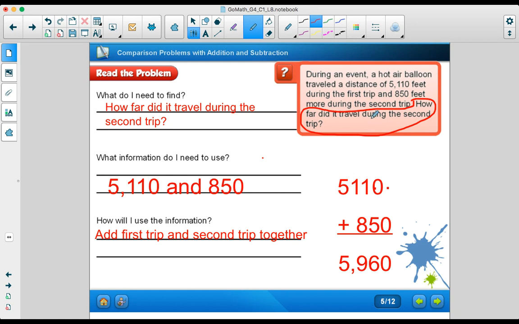I know that on the first trip, it traveled 5,110 feet and 850 more during the second trip. So I will add 850. And the number is 5,960. Please make sure that you add all this information on page 50.